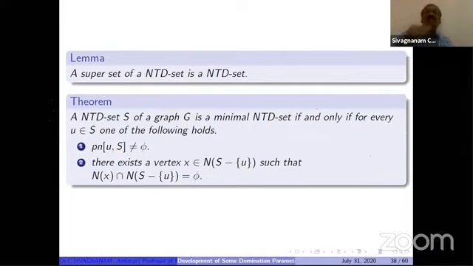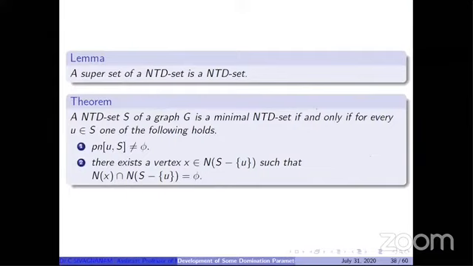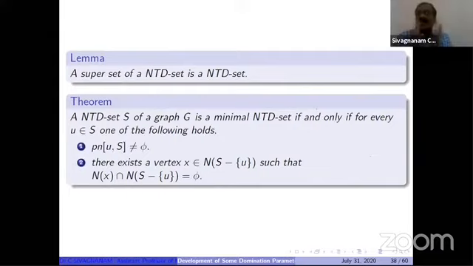There exists a vertex X in N of S minus U. I am removing U from S, so now we have the set S minus U, and N of S minus U we can identify. In that N of S minus U, we have to find this condition: Nx intersection N of S minus U is equal to empty. What is the meaning? I am writing it mathematically like this.